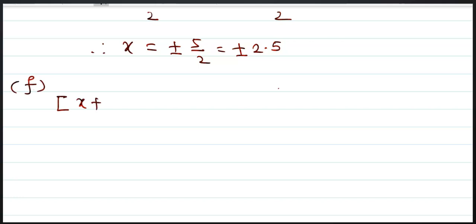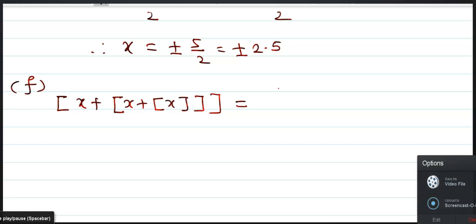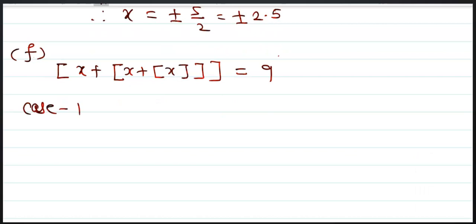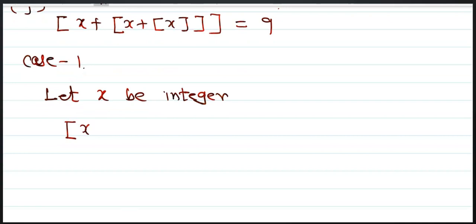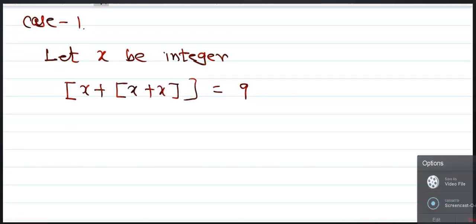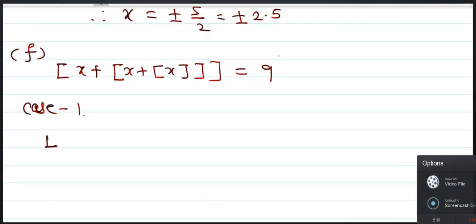Now, next is part f. See this here. That is, the integral part of x plus the integral part of 2x plus the integral part of 3x is equal to 9. Now, see case 1. Let x be an integer.